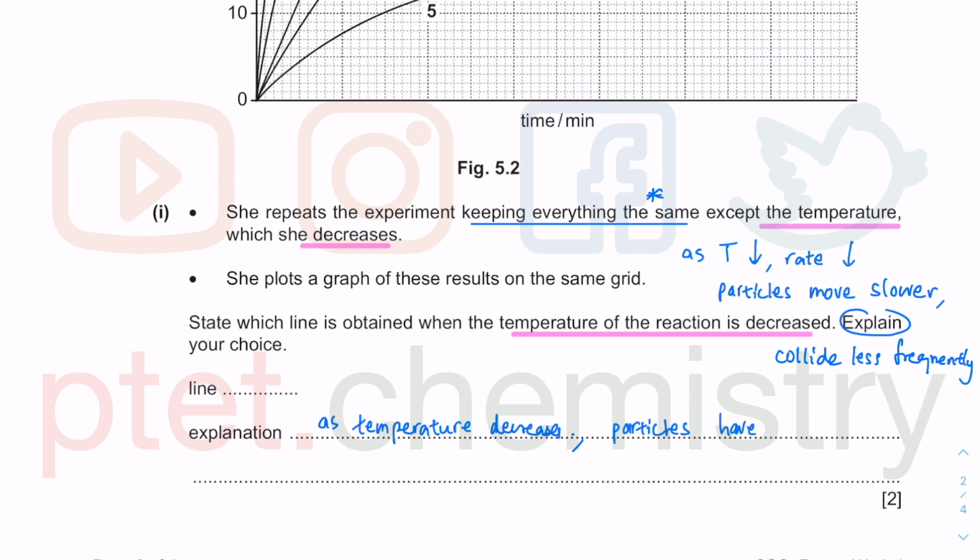Particles have lesser kinetic energy. Kinetic energy is to do with movement energy. So when you have lesser kinetic energy, they will move slower, therefore they collide less frequently. And when they collide less frequently, rate will decrease. That means your reaction will slow down.